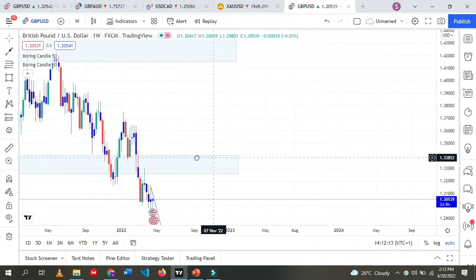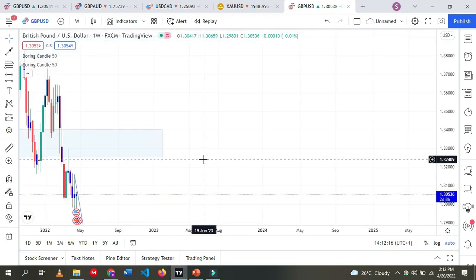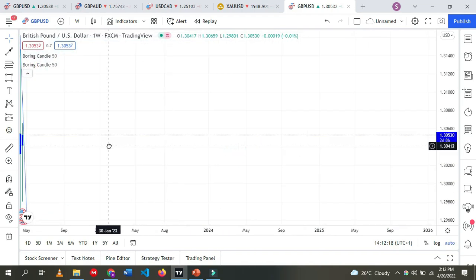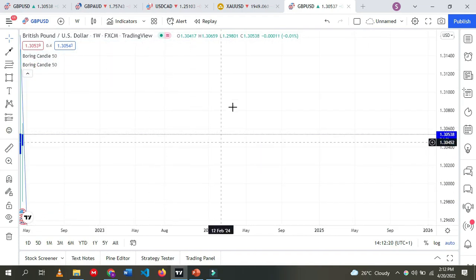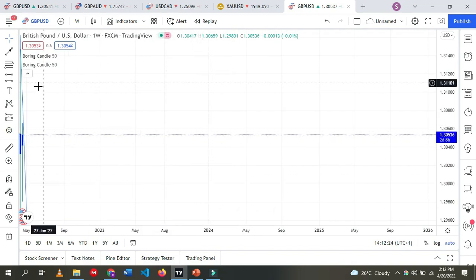Now, let's come to trends. What are the different types of trend we have when it comes to the forex market? We have the uptrend and the downtrend.